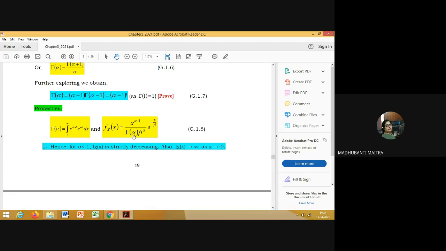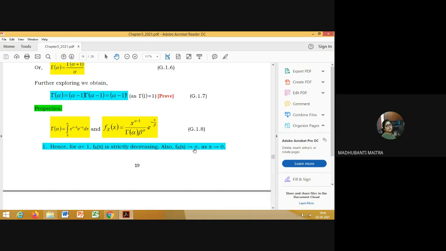Are you absolutely sure? Ma'am, because when x is 0, the integration from 0 to infinity will be 0 only. Right. So as x tends to 0, this tau alpha will tend towards 0, and that's why f(x) will tend towards infinity.